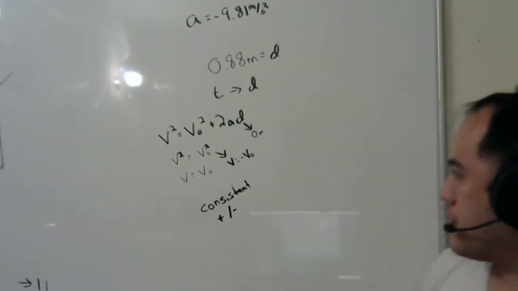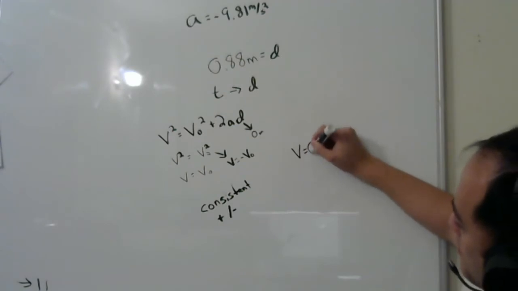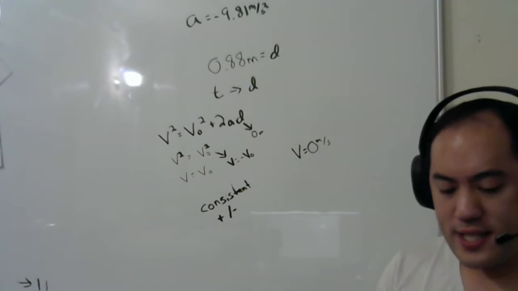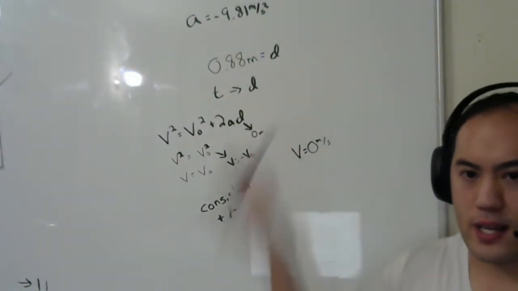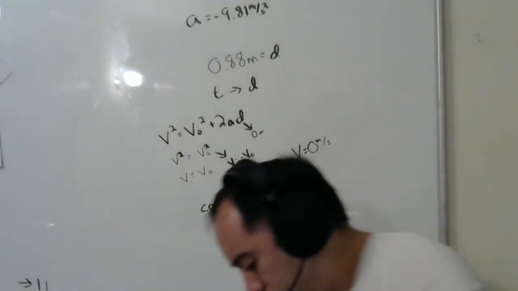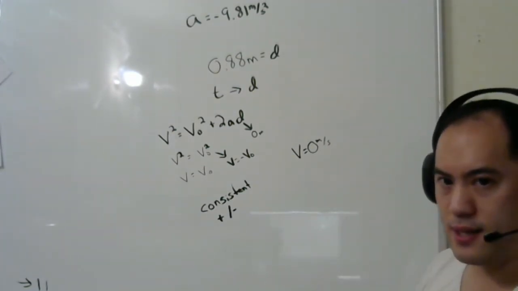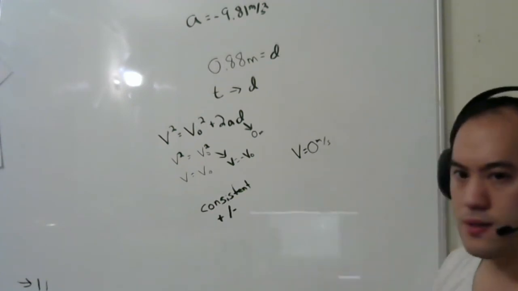All right, and there's 3 more rules, and they're all together. V equals 0 meters per second. When is this true? Let's say I'm throwing my phone and it comes back down. When is this true? Well, there's 3 common examples when this is true.